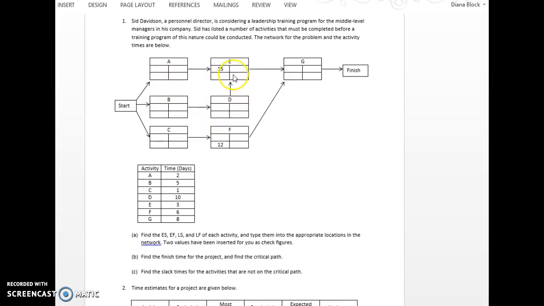A and D have to be completed before you could do E. So when you're going to evaluate how early can I start on E, you can't start it before both A and D are finished. Okay?